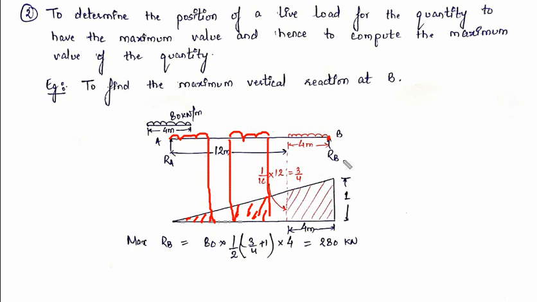So RB will be maximum when the head of the UDL is at point B, because when the head of the UDL is at point B, the area under the UDL will be maximum.